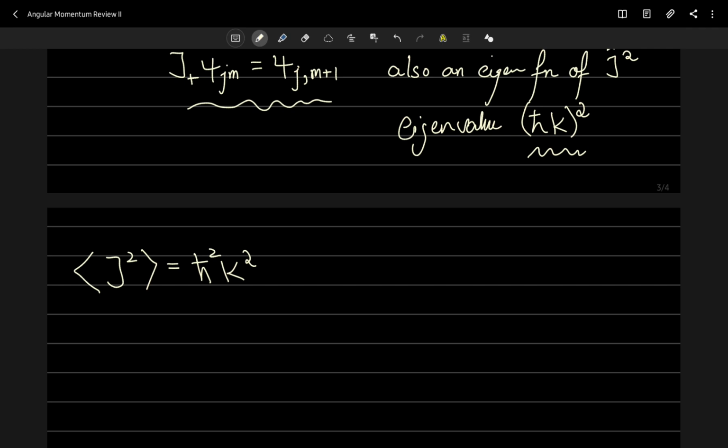So then this thing should be equal to, because we know what j squared is, the expectation value of jx squared plus the expectation value of jy squared plus the expectation value of jz squared, right?